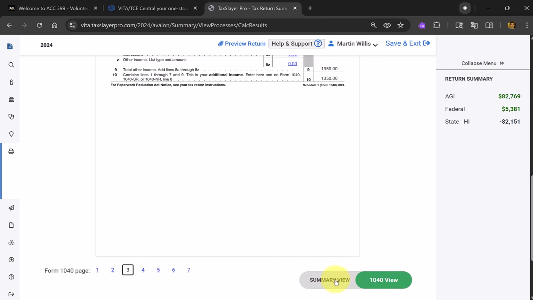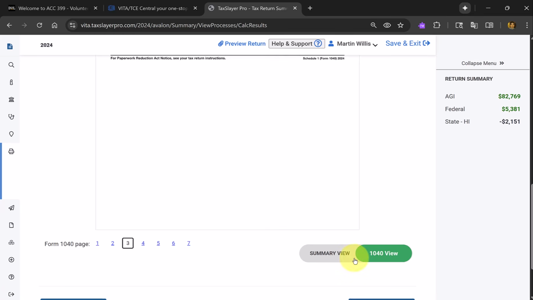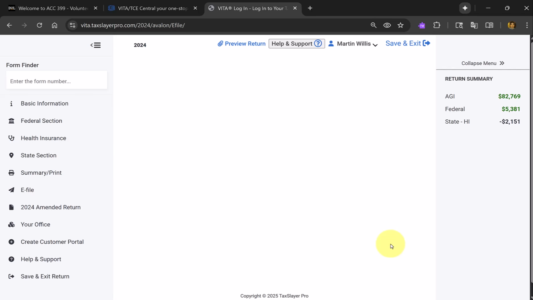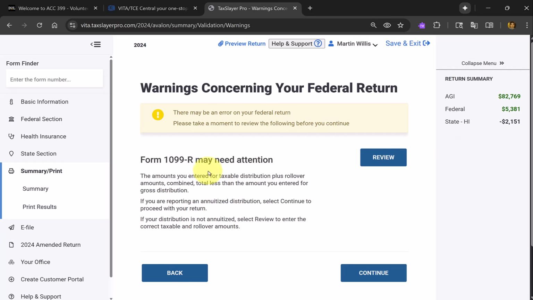I'm going to just jump to the next screen here. Continue. Let's see. We've already done the 1099-R, again, using that simplified method. So I don't need to go back into here.